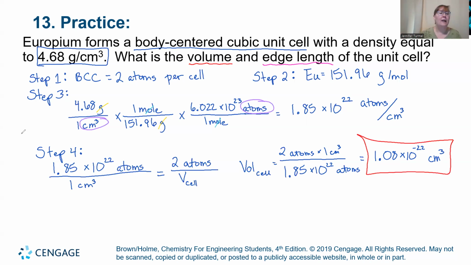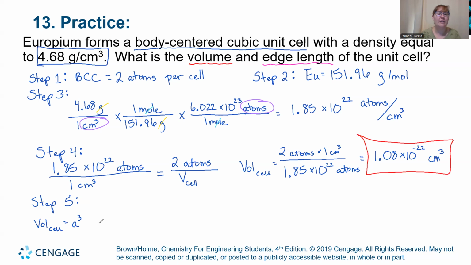Okay. Now our step 5 is to go a step further and find our edge length. So remember that the volume of our cell is equal to A cubed.